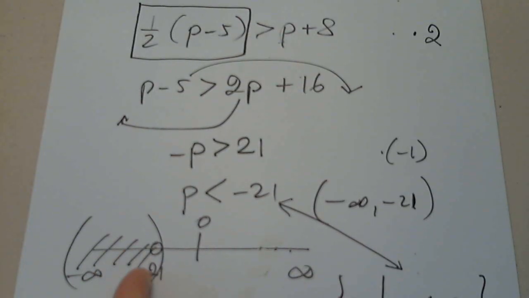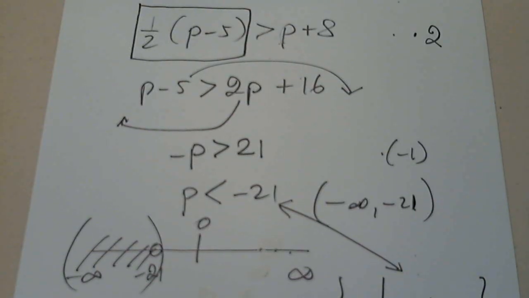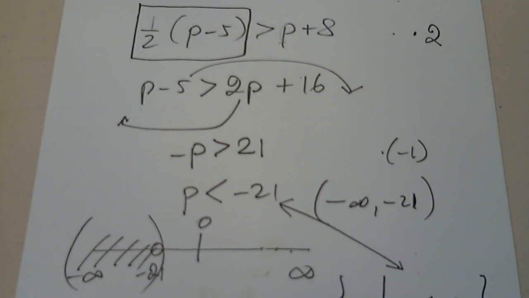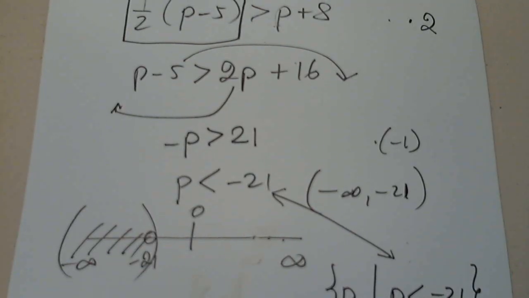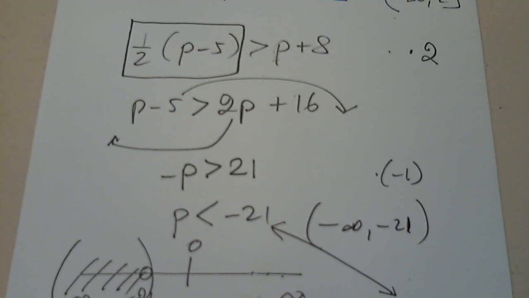Again, this is the graph. This is the interval notation. And this is the set builder notation, which is really nothing. It's the same interval.